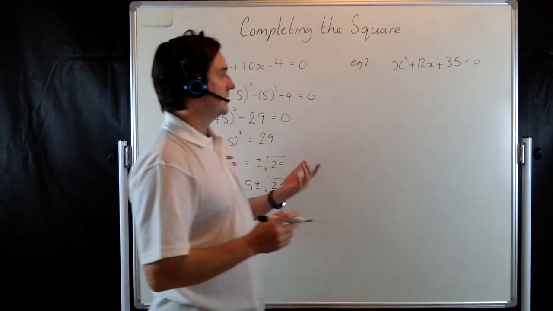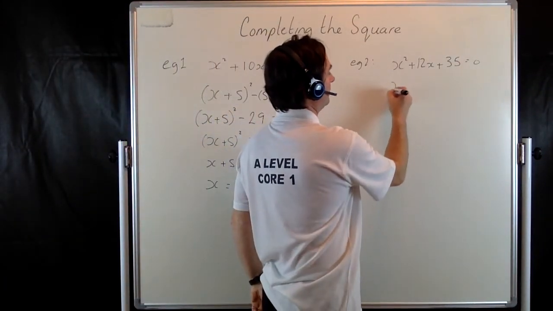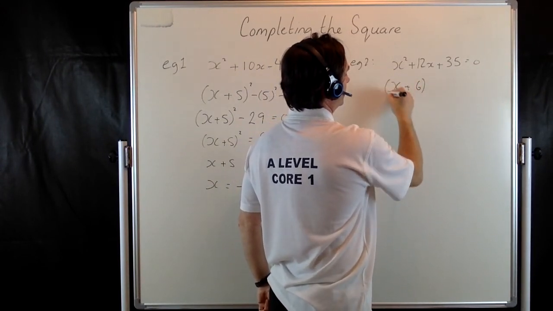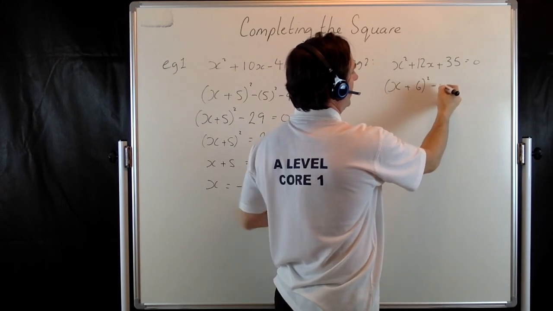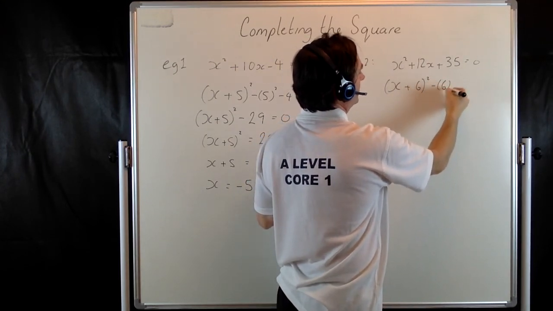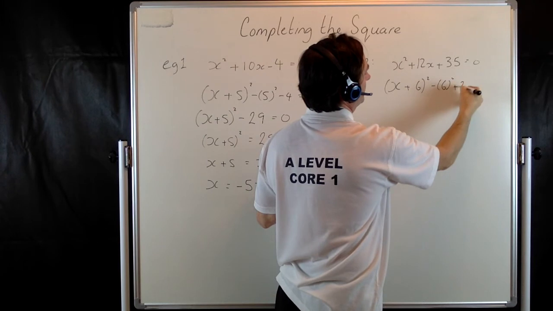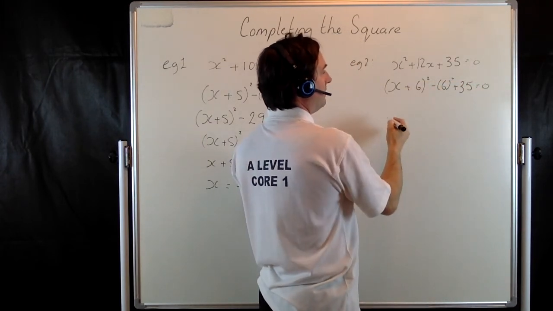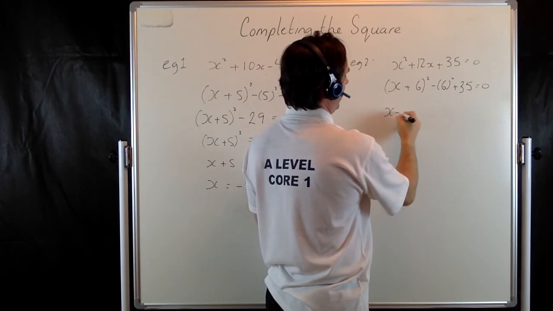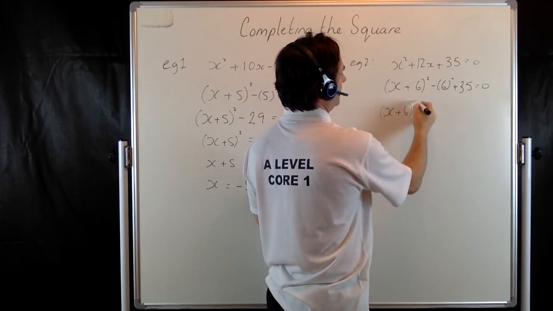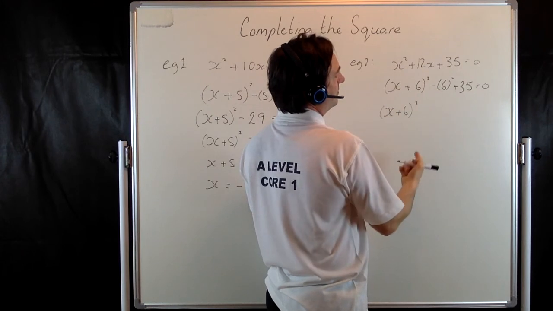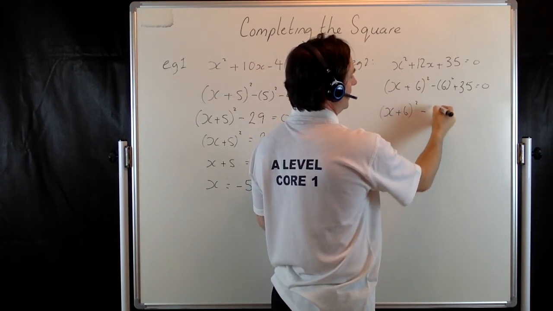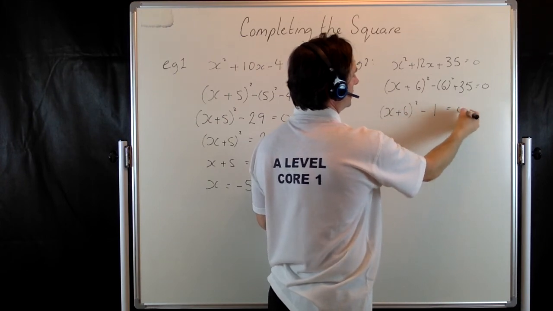Second one then, same process. I'm going to start off with (x plus 6) squared, half of 12 is 6, take away half of 12 squared, plus the 35 equals 0. I'm now going to tidy it up, so I get (x plus 6) squared, take away 36, add 35, gives you negative 1 equals 0.